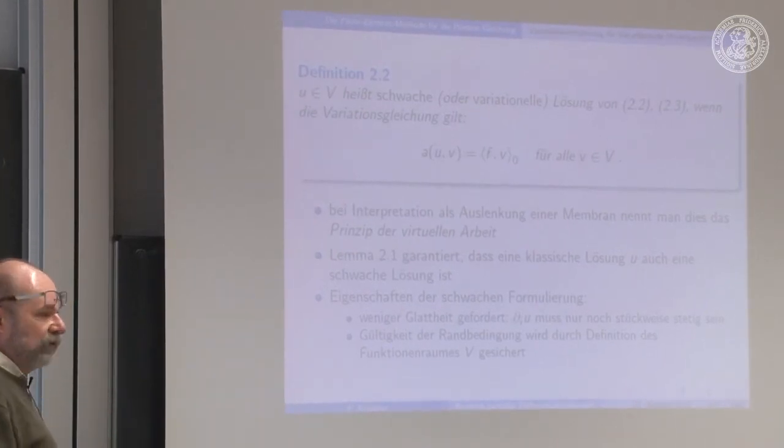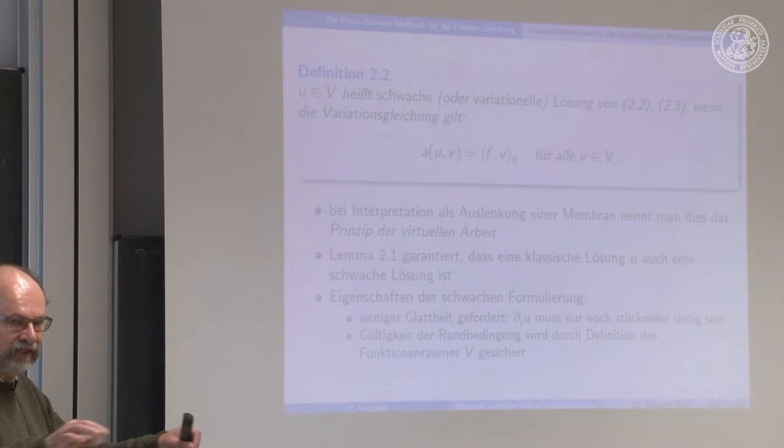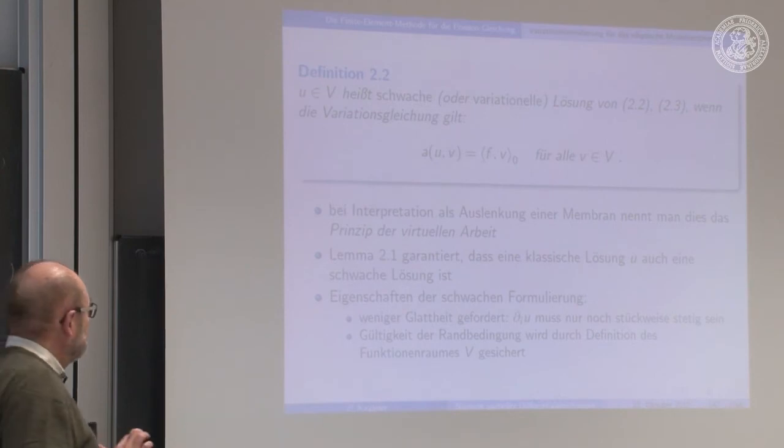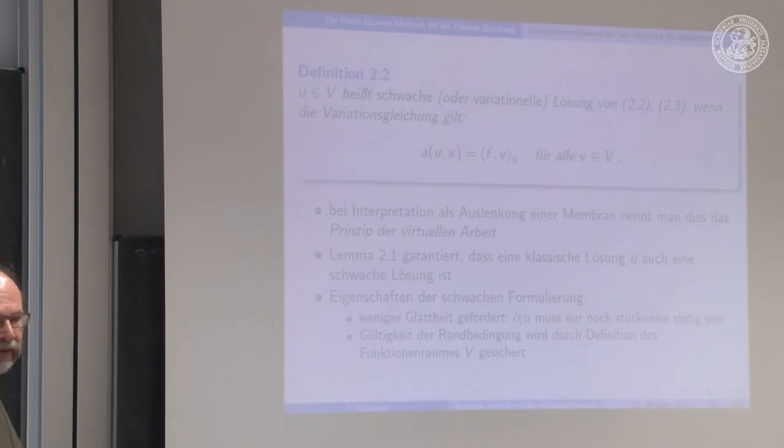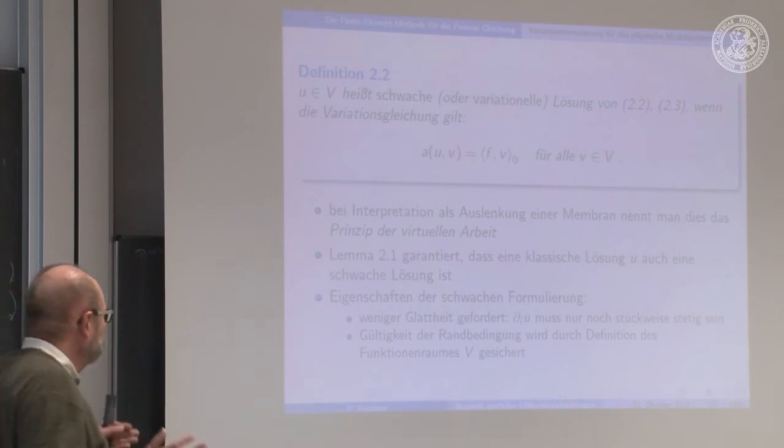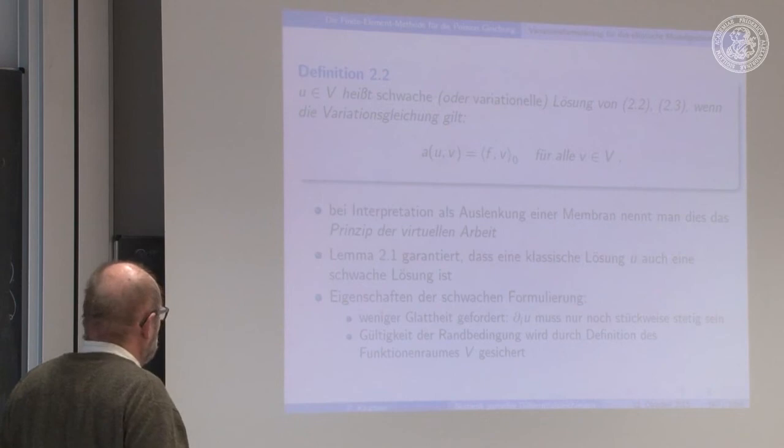For example, if we think of the Laplacian or of the boundary value problem as a model from mechanics describing the displacement of an elastic membrane which is clamped at the boundary, then this relation would be called the principle of virtual work. So this is something which is in some sense known in mechanics.